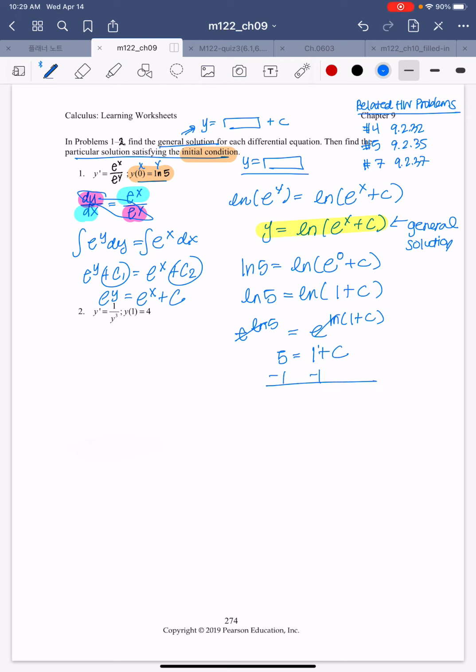Subtract 1. I get c is equal to 4. So I know what c is. From the general equation, I'm going to substitute. So y is equal to ln of e to the x plus 4. Now this is our particular solution, satisfying our initial condition.